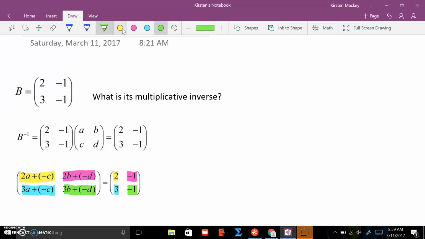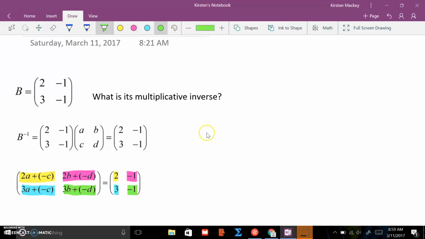Then for this bottom row, I do 3 times A and add that with -1 times C, which we see in blue, and 3 times B plus -1 times D, which we see in green. And my goal is to have those equal my original matrix B.